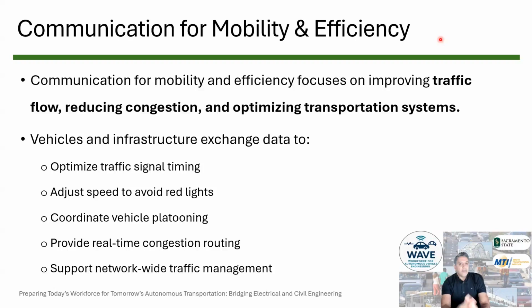So when the vehicles exchange information with infrastructure or through the signals that they get through their sensors, all those data can be used to optimize traffic signal timing, adjust the speed to avoid some red lights, coordinate vehicles, provide real-time congestion routing, and support network-wide traffic management.